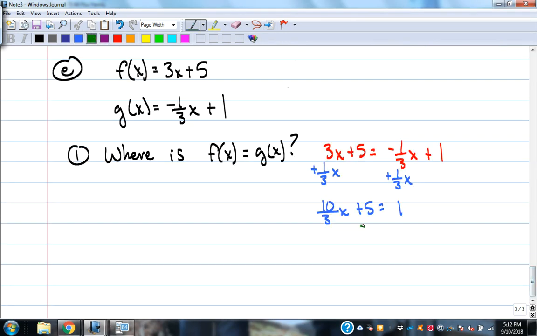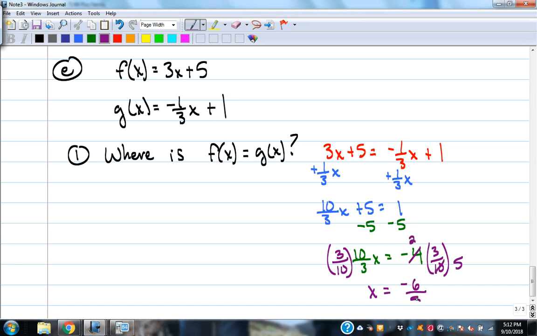And then I would subtract 5. It'd be 10/3 x equals negative 4. Flip and multiply. And there I have x equals negative, okay, I can cross cancel, 6/5.